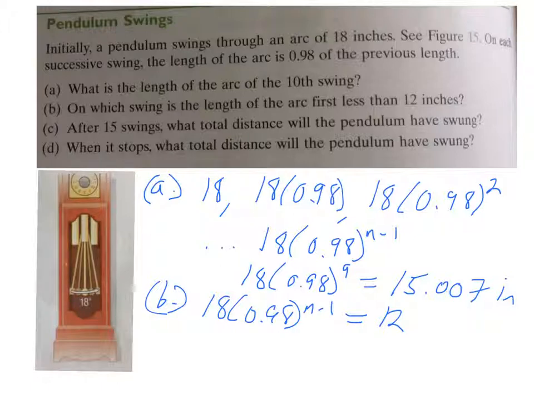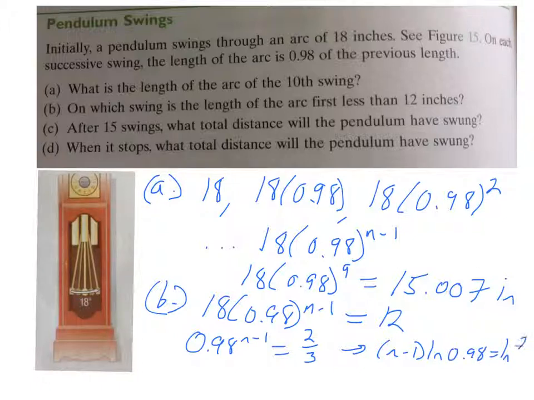So if we set that equal to 12, we have an exponential equation we can solve. We get 0.98 to the n minus 1 is equal to 12/18 if we divide off the 18, which is 6/9 or 2/3. Then if we take ln of both sides, we get n minus 1 times ln of 0.98 is equal to ln of 2/3.